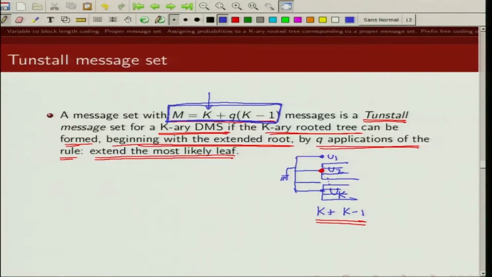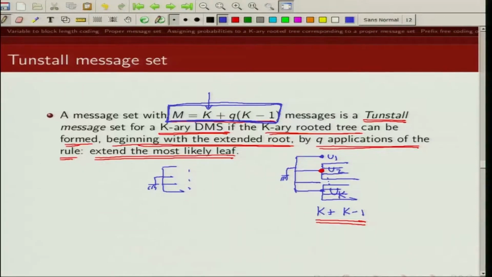I am calling this the extended root: a root which has been extended to K leaves. At the extended root I get K leaves, but subsequently when I extend any of the leaves, I am adding only K minus 1 new leaves. So the total messages in a proper message set is given by K plus Q times K minus 1.